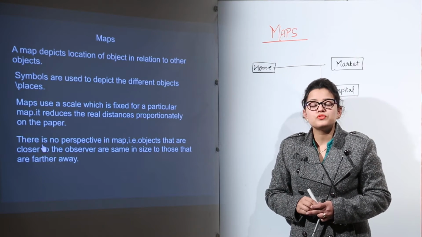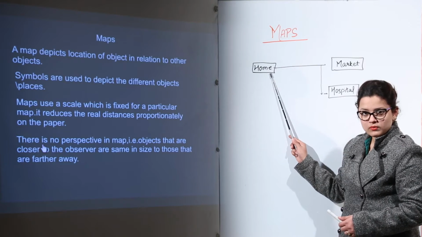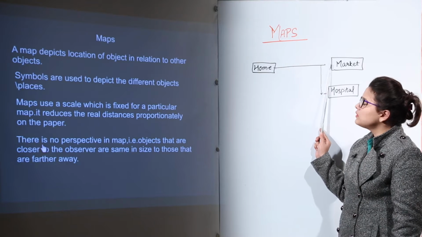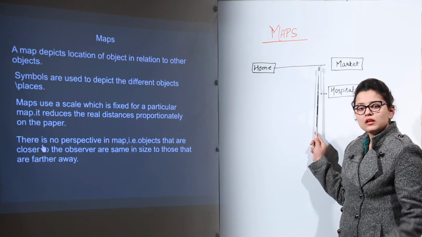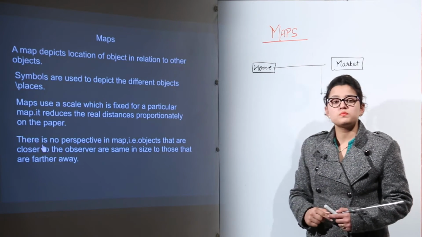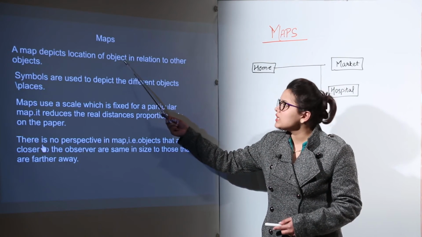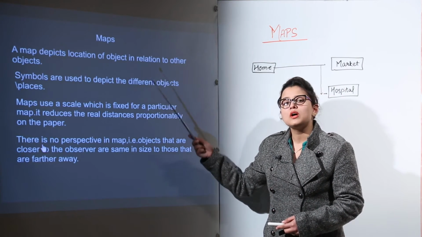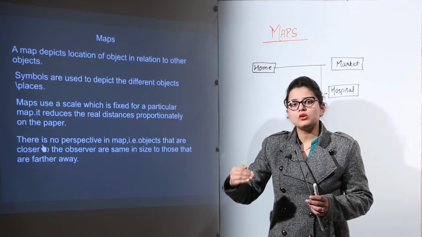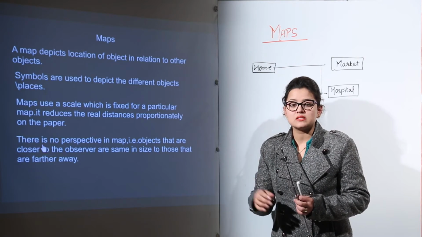If you start from your home, that is the reference, you go up to the market, from the market you are again taking a reference, you take a right turn, you reach your hospital. So the maps are telling us the location of objects in relation to other objects. So it is about the relation. It is 2 kilometers from my home. That is the way you take references.